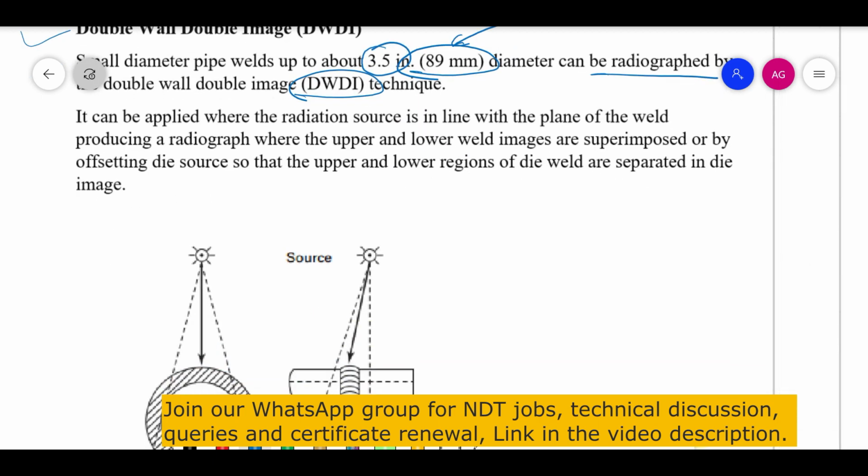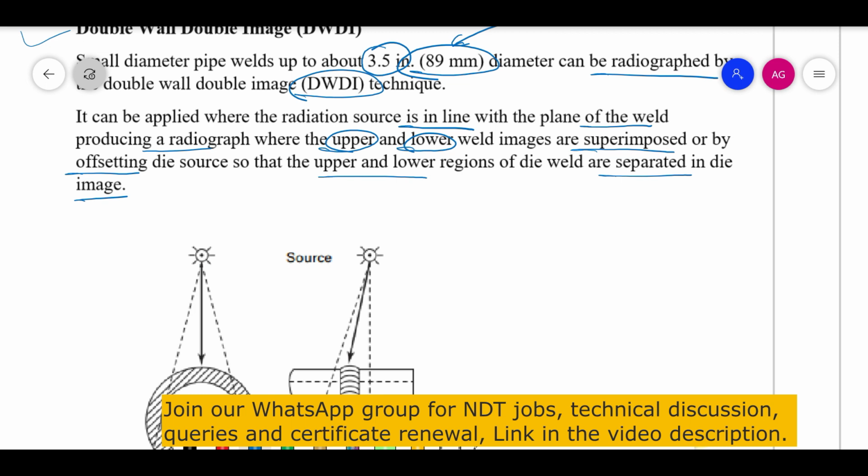It can be applied where the radiation source is in line with the plane of the weld, producing a radiograph where the upper and lower weld images are superimposed, or by offsetting the source, so that the upper and lower regions of the weld are separated in the image.